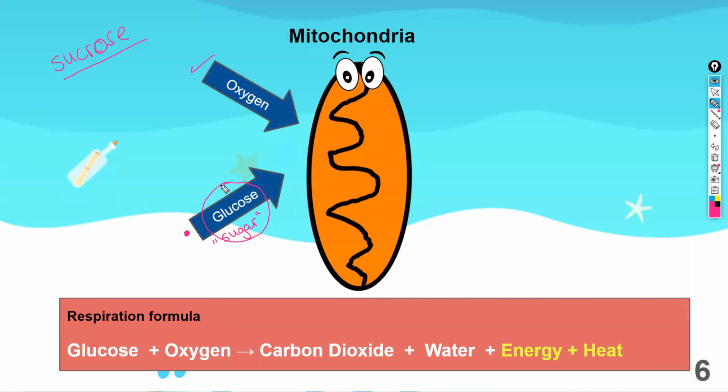What your body will do when you eat certain sugars, it doesn't matter if it's sucrose, maltose, or whatever other sugar that you eat, your body will break down the sucrose into smaller pieces. And those smaller pieces are something called glucose. How your body takes foods and breaks it down into smaller pieces falls under the topic of digestion.